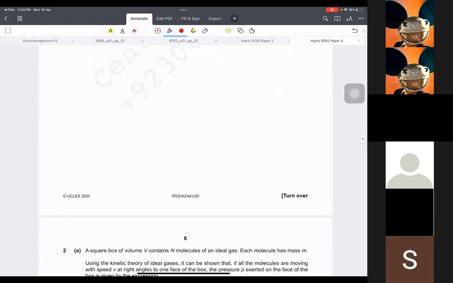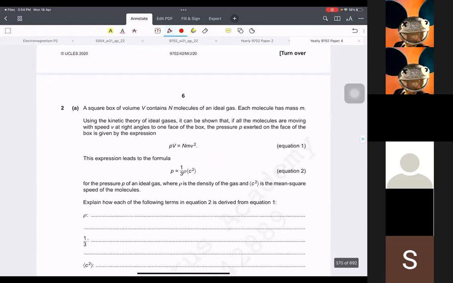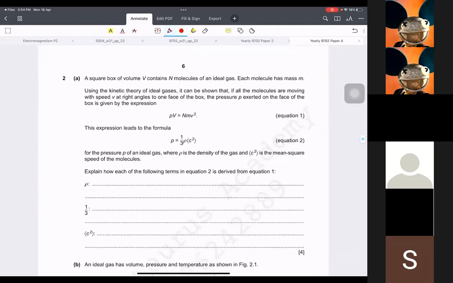Now it says, explain how the following equation is derived from first principles. This is Nm over V, total mass over total volume. One by three depicts the three-dimensional motion of molecules.